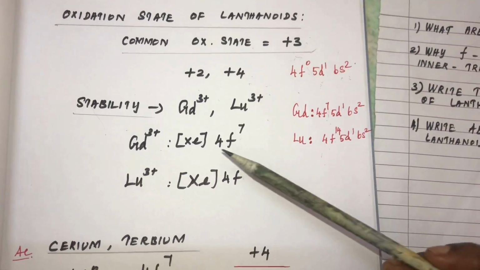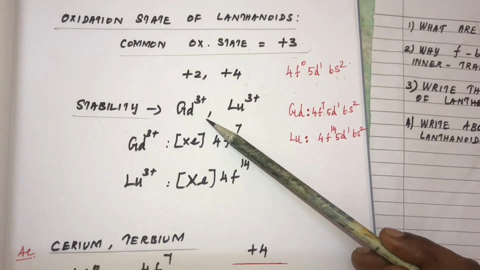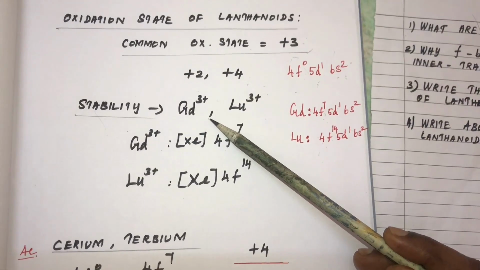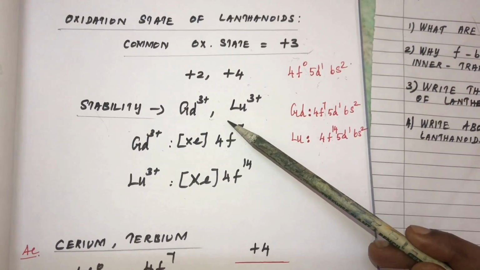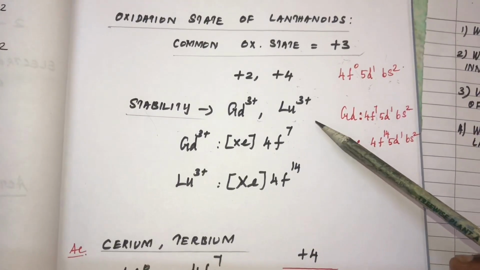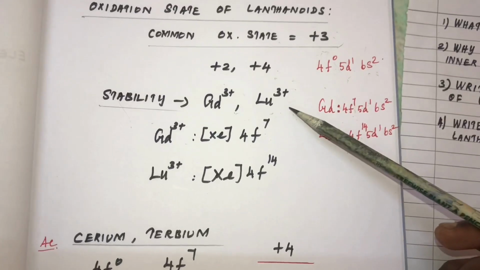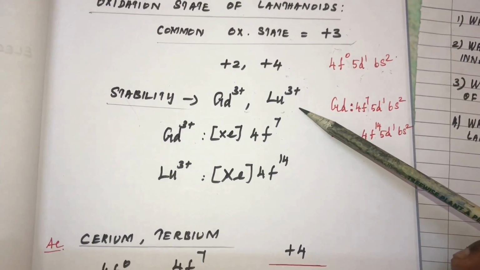Another point concerns gadolinium and lutetium. Gadolinium is the middle element with 4f7 configuration, and lutetium is the last element with 4f14 configuration. Here the gadolinium 3+ ion and the lutetium 3+ ion are found to be more stable.